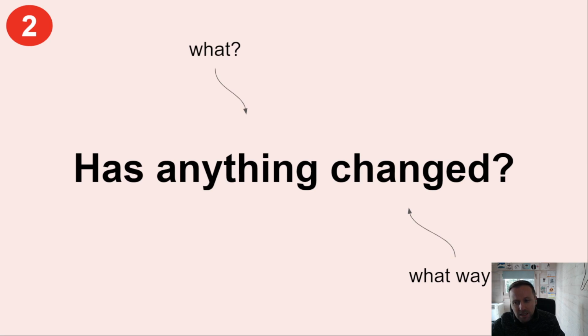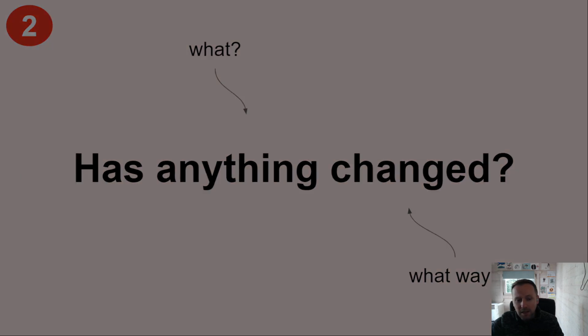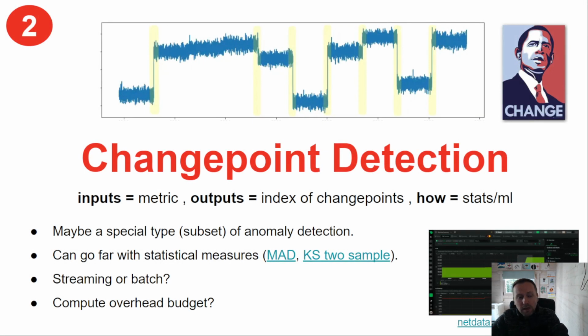Picking out whether a time series has changed suddenly is a really easy problem for ML. This is a simple application of change detection, typical change point detection. A change may not be an anomaly; it can be a subset.